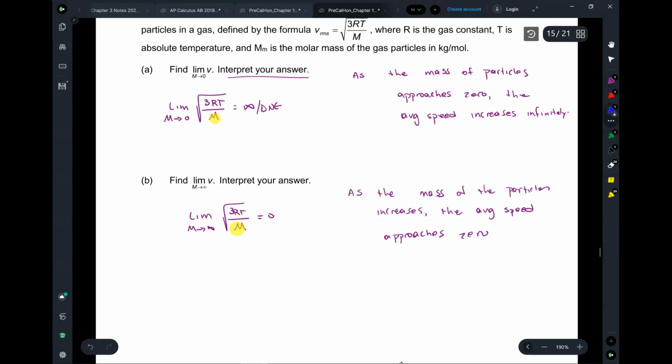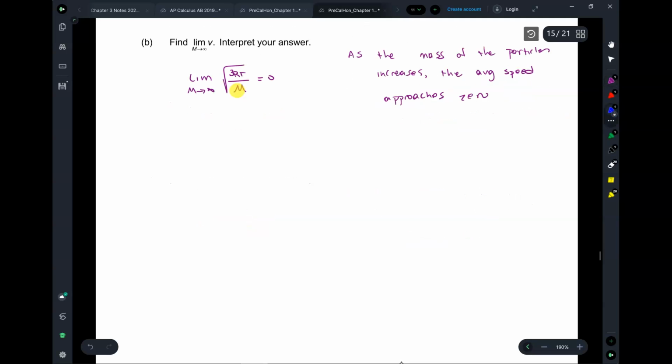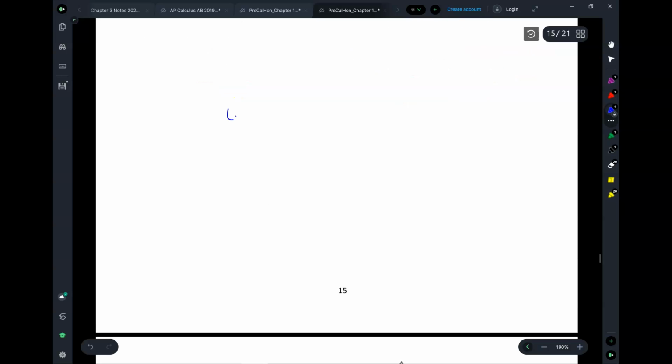Okay, so moral of the story. I can't write this often enough. The limit of 1 over x as x approaches infinity is how much? 0. Okay?